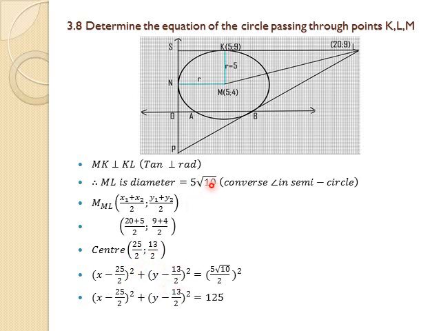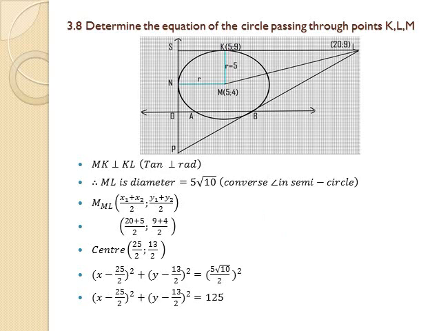My radius will always be half the length of my diameter, therefore it's (5 root 10 / 2) all squared, r squared. 5 times 5 is 25, root 10 times root 10 is 10, so 10 times 25 gives me 250, divided by 2 gives me 125. So my equation reads (x - 25/2)² + (y - 13/2)² = 125. And there we've determined the equation of the circle passing through those points.